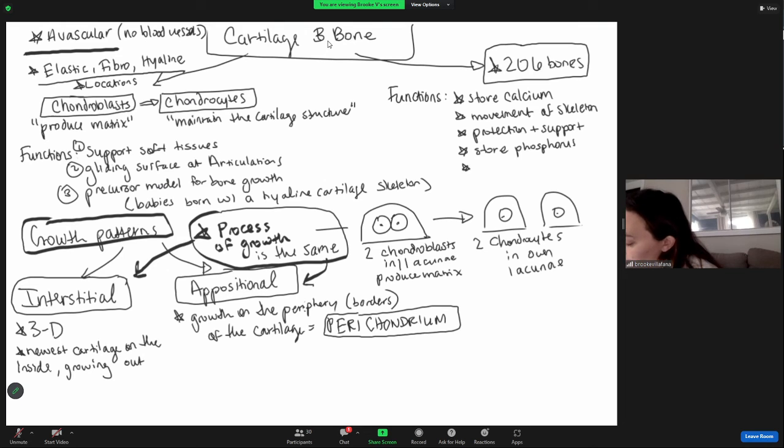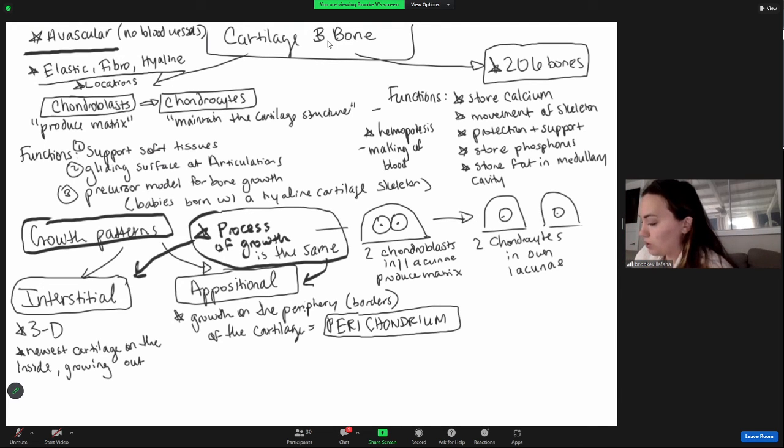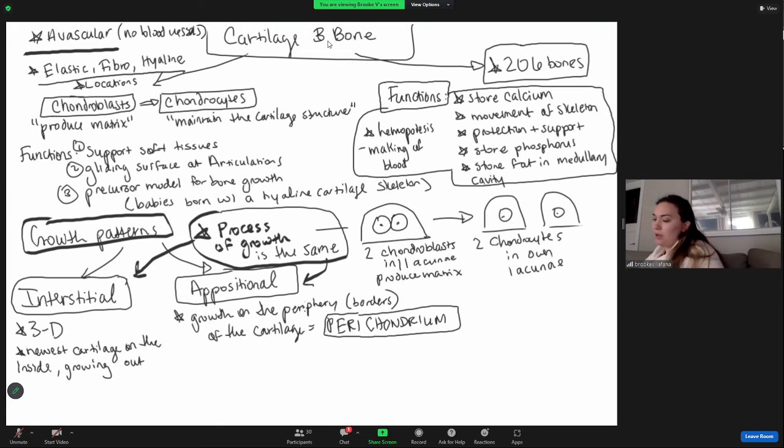They also store fat in the medullary cavity. And finally, their last function here is hemopoiesis. This is the making of blood. So this is one of their most important functions. Again, these are our functions of bone, and everything else we did was for cartilage.